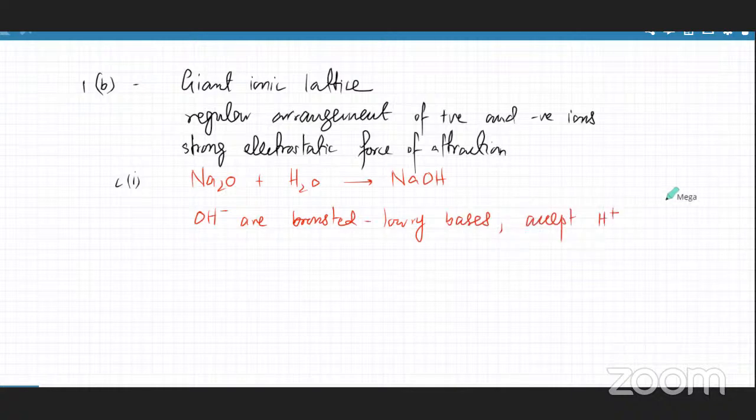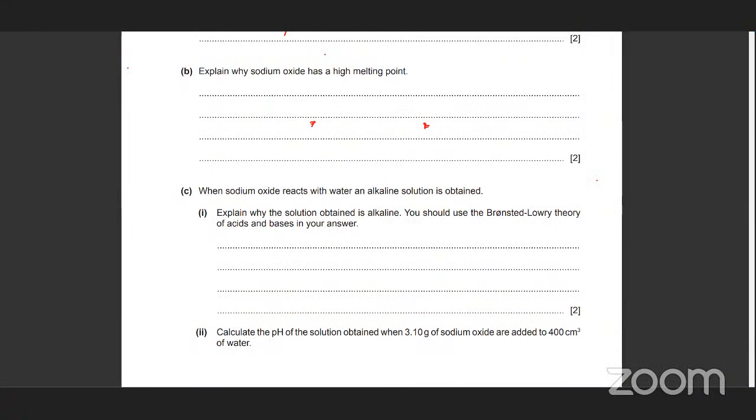And then you should give an equation where they're accepting H plus 1 ions to form water. So they are going to remove H plus 1 ions, or they're going to accept H plus 1 ions. So you have to bring this in to complete the answer. ठीक है, उसकी थोड़ी बहुत definition वगैरह बीच में देनी थी.